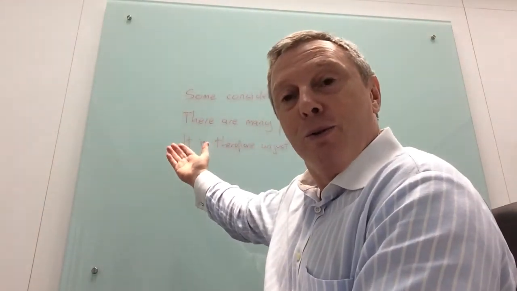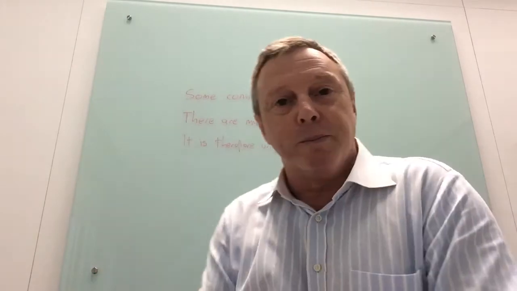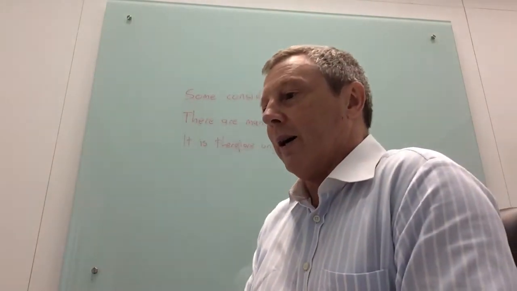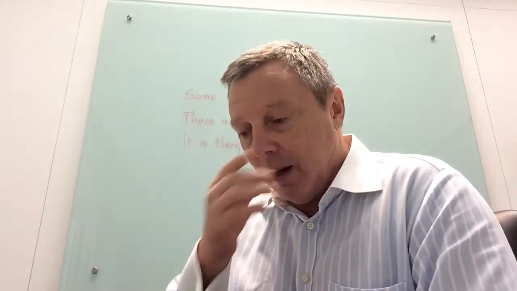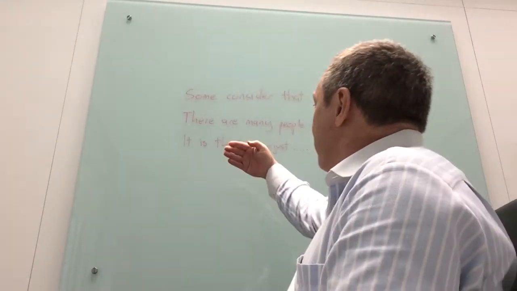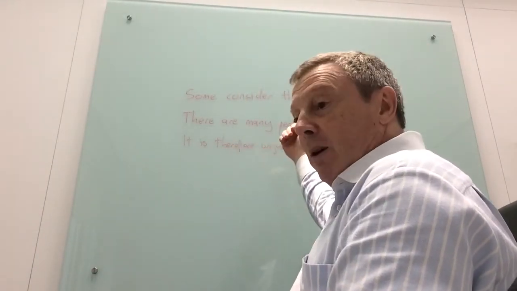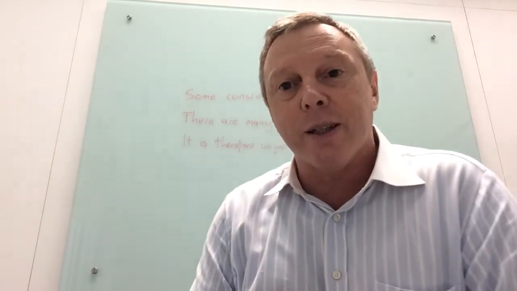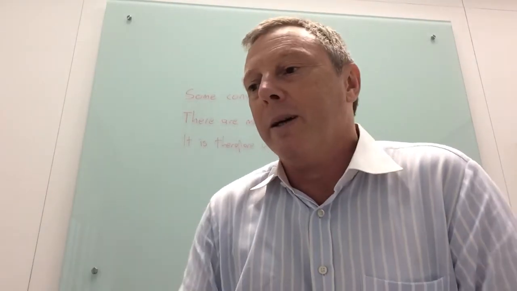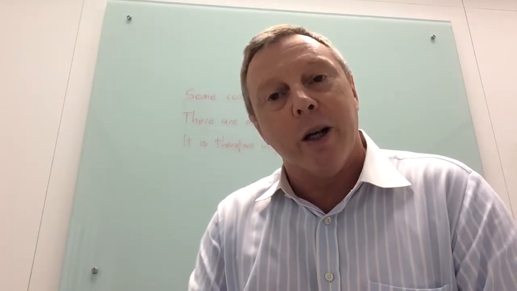In their view, there are many people who fail to take sufficient care of their own health. And so it is therefore, on this view, unjust for governments to provide free healthcare, or whatever.